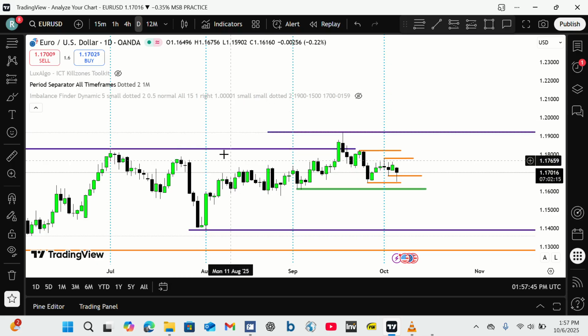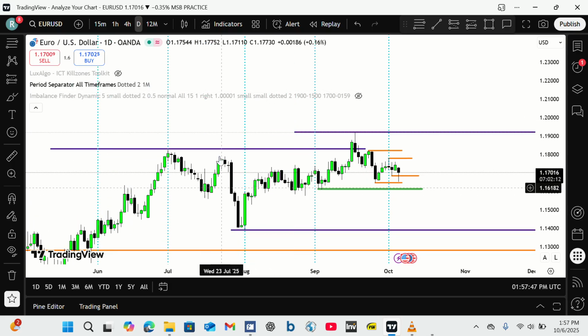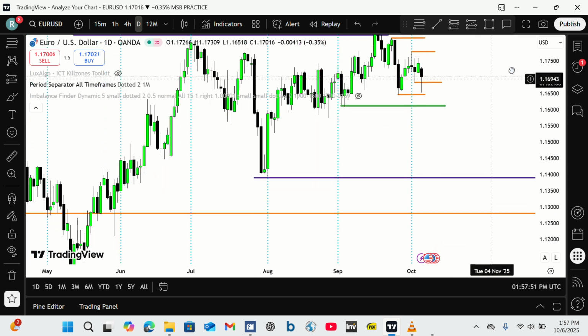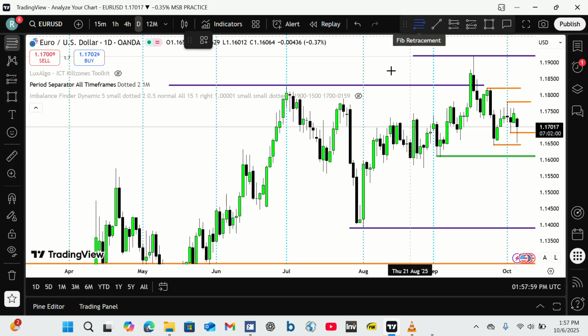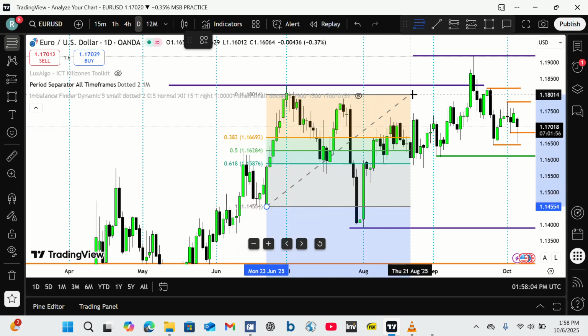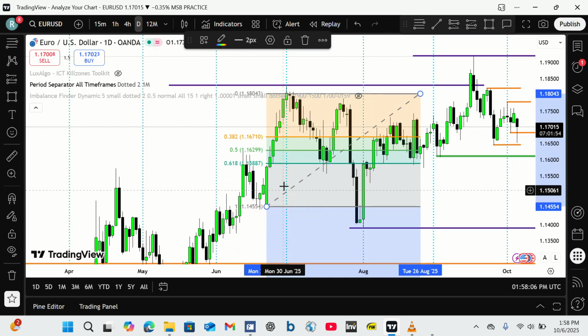So these are the key levels, and then we also have key levels from retracements, like the Fibonacci retracement, when you pull it from here to here, between the 38.2% and the 61.8%.